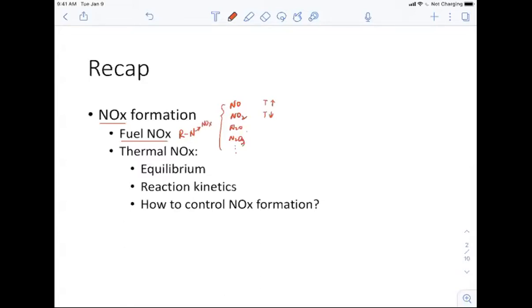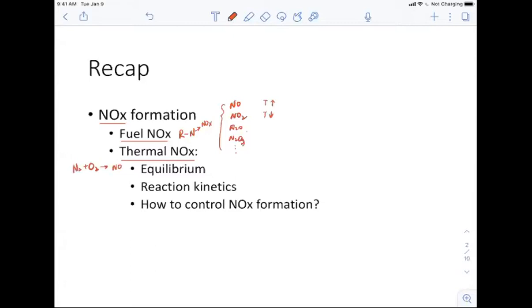At the same time, we could have the thermal NOx, which is actually a quite important source of NOx. It is mainly the reaction between nitrogen and oxygen, and we said that this reaction moves more towards the forward direction at higher temperature.